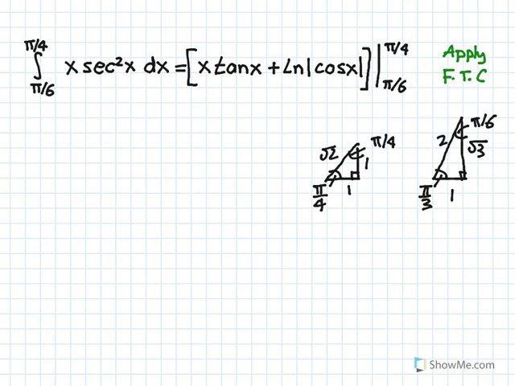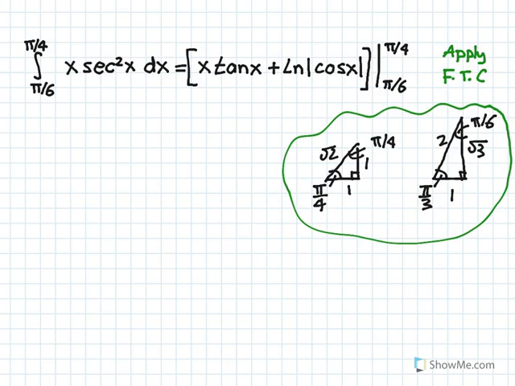All right, so these are the special triangles. The 45, 45, 90 triangle and the 30, 60, 90 triangle. So let's substitute these in.